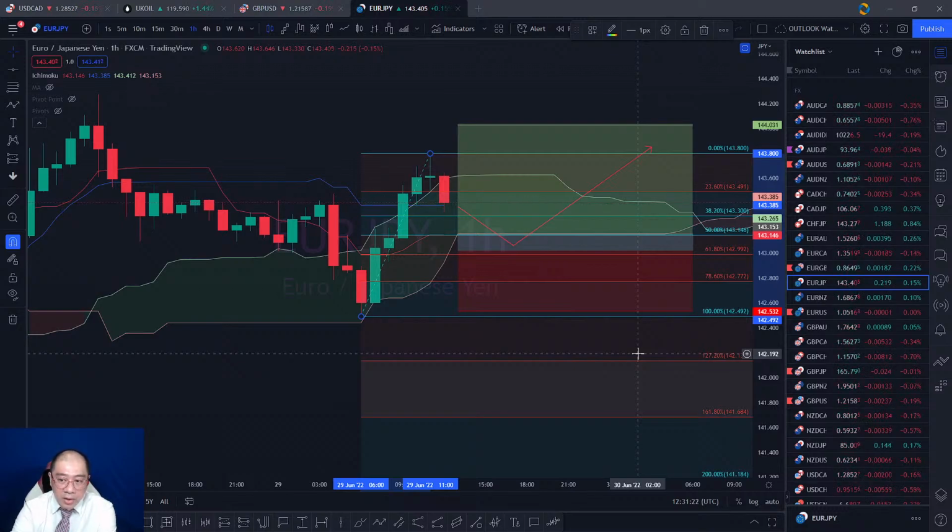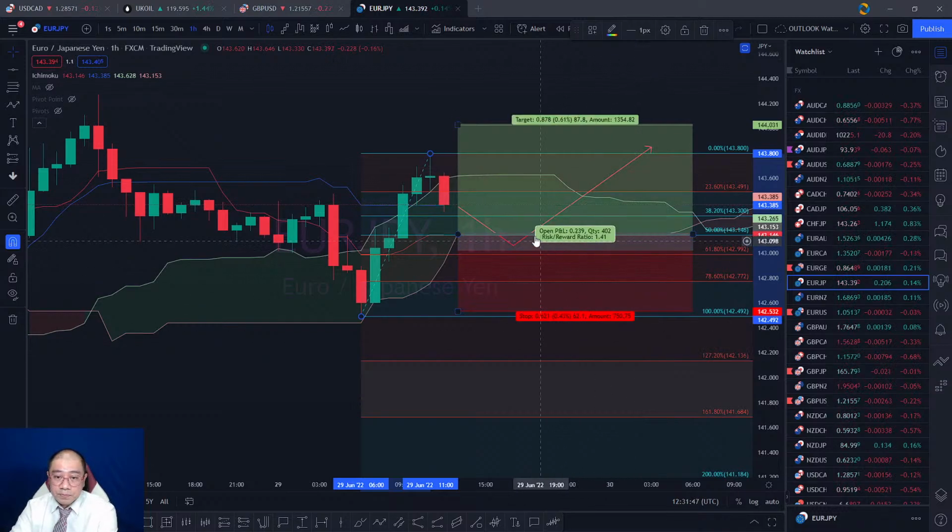If it does break below 61.8%, which is also 143 yen, which is a round number and a psychological price, if the hourly closes below 143, you need to cancel out all your long trades because we are in for a much deeper correction. We could potentially see a return back to 142.50. Okay, so be mindful on the euro yen.